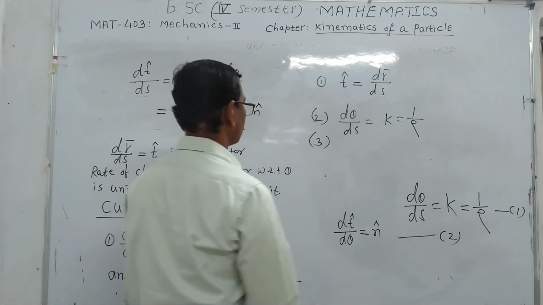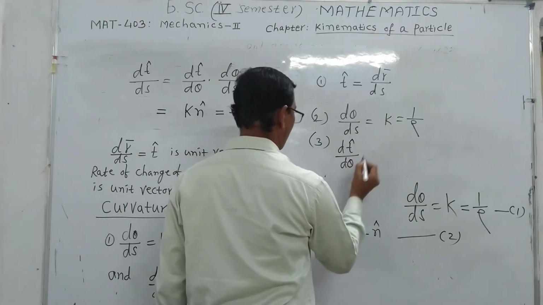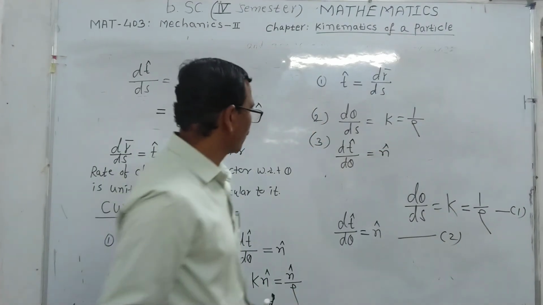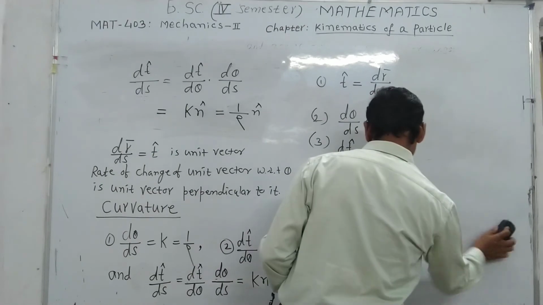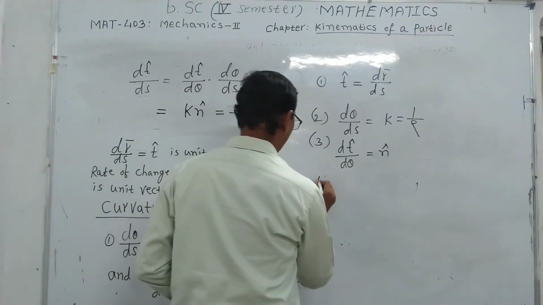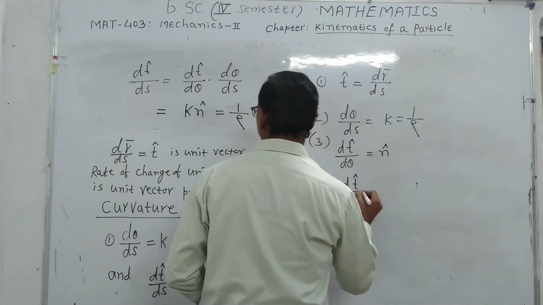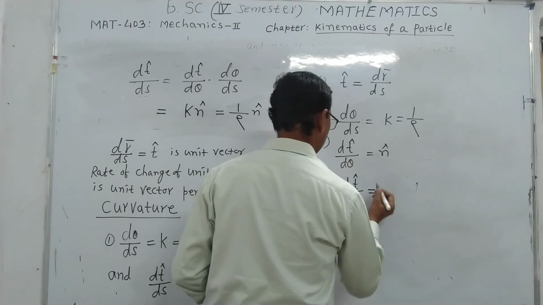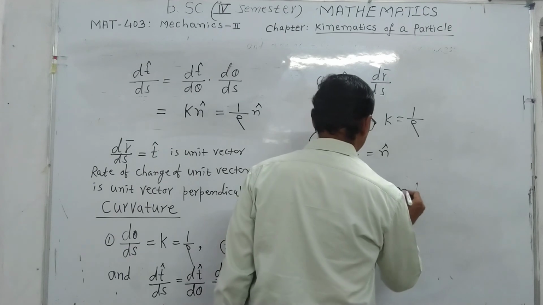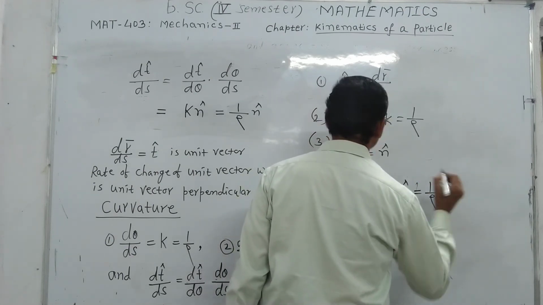Third, d t cap by d theta is equal to n cap, where n cap is the unit vector along the normal. And the fourth formula is d t cap by ds is equal to k into n cap, which is also 1 by rho into n cap.